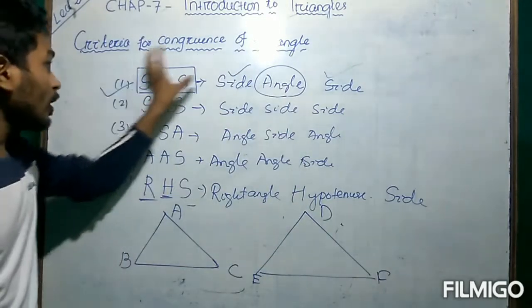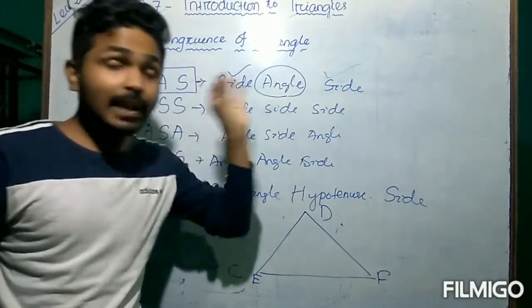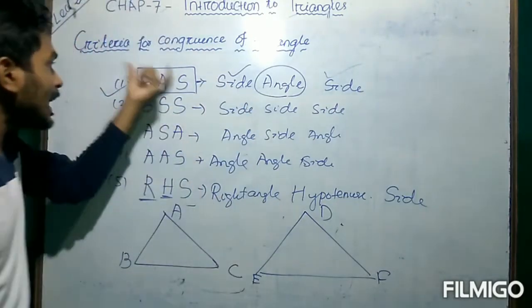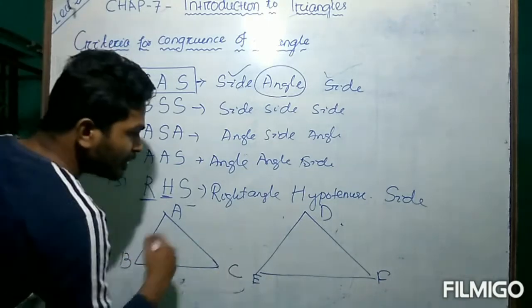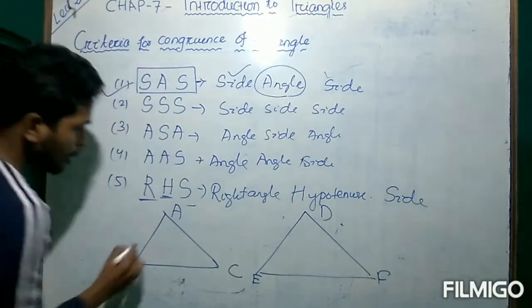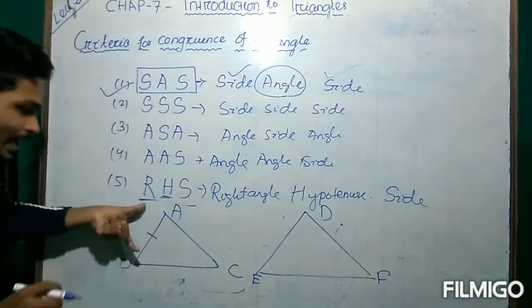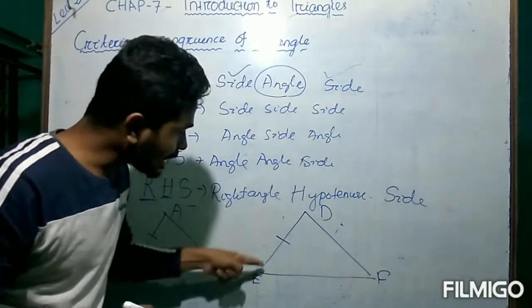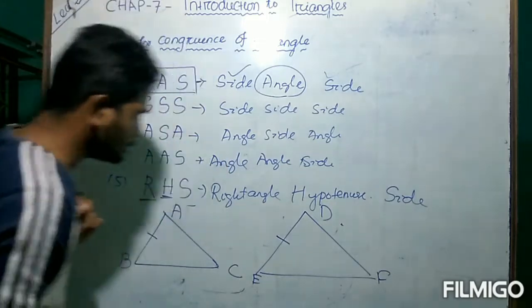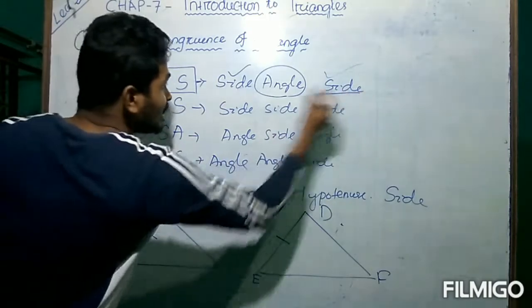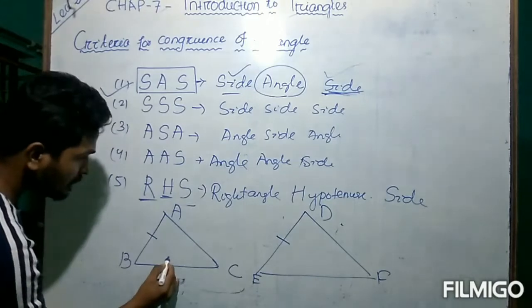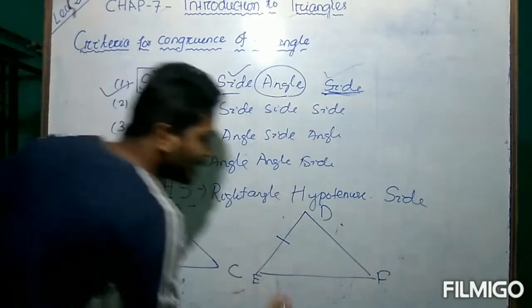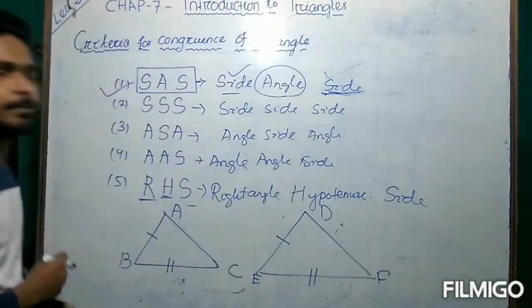So for considering the SAS criterion, in between these two triangles, suppose this side AB is equal to this side DE, and another side, suppose BC is equal to EF.